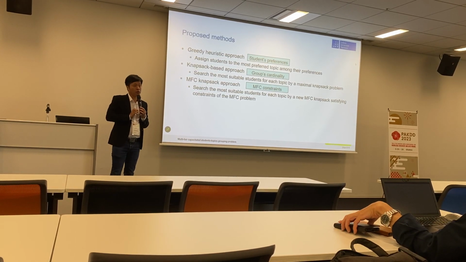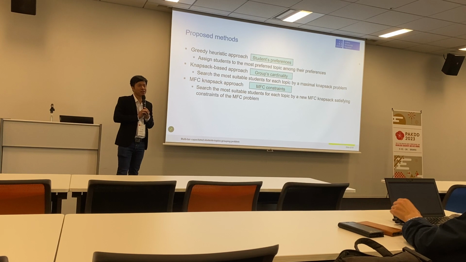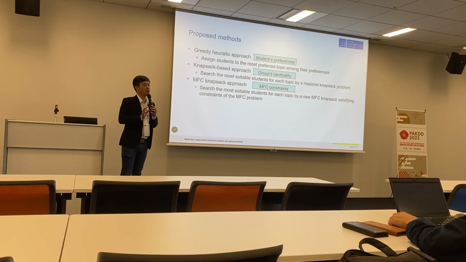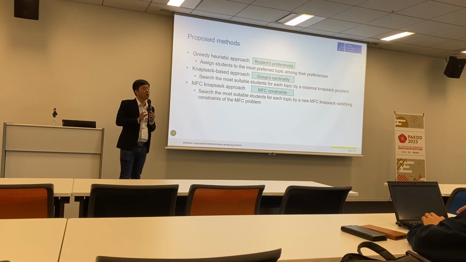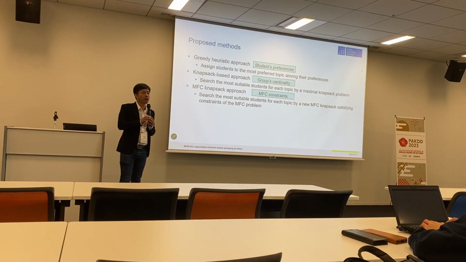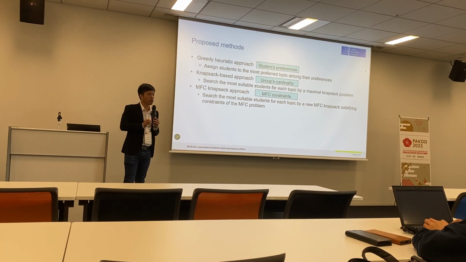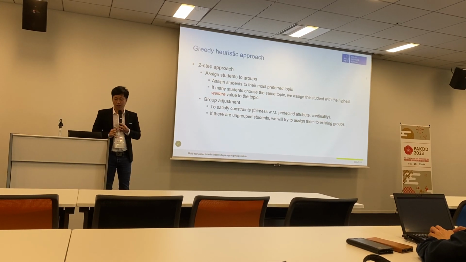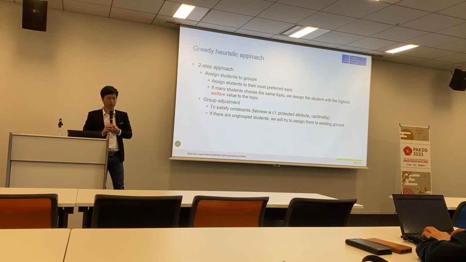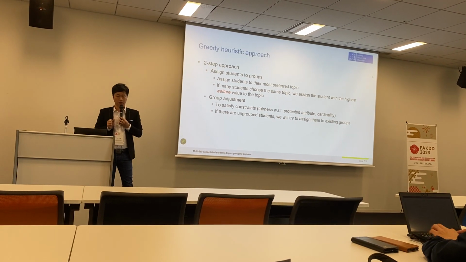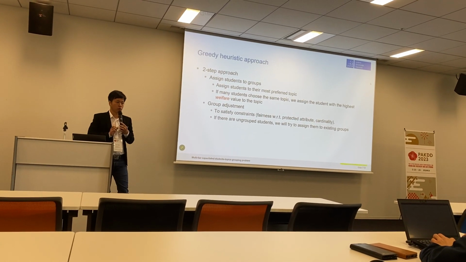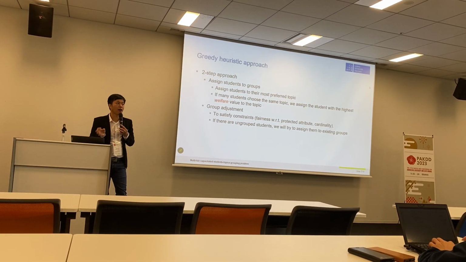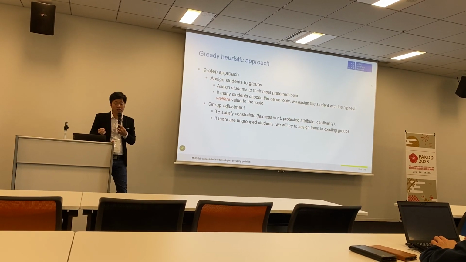And the last one, we propose the MFC knapsack approach. That's similar to the knapsack approach, but we satisfy all the constraints by finding the most suitable student for each group. So let's go to the detail of the greedy heuristic approach. We apply a two-step approach. First, we assign students to the group by assigning students to the highest preferred topic.